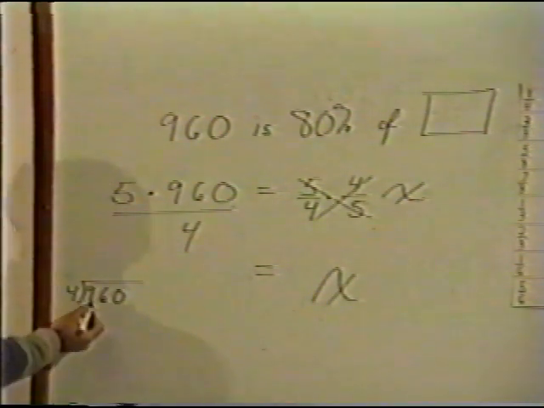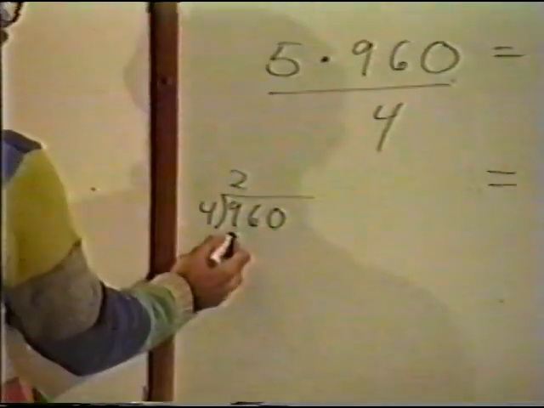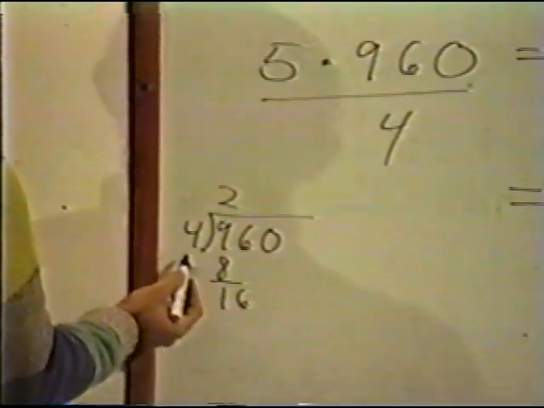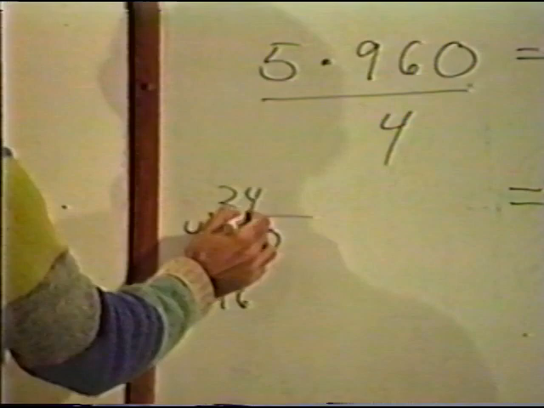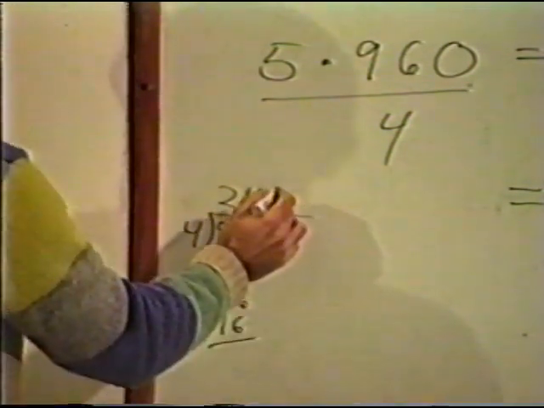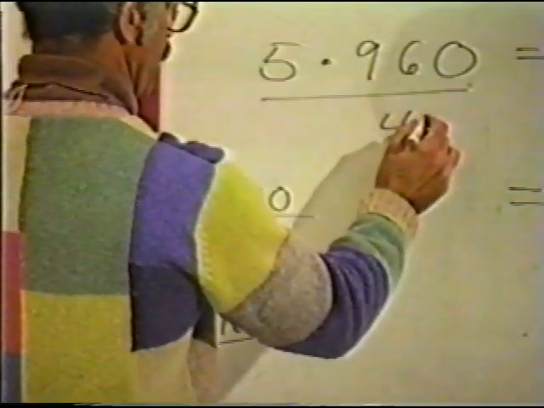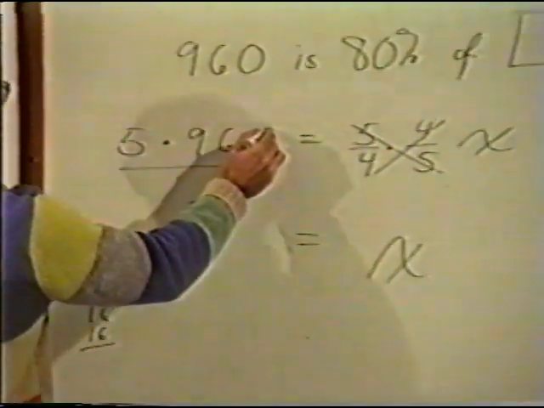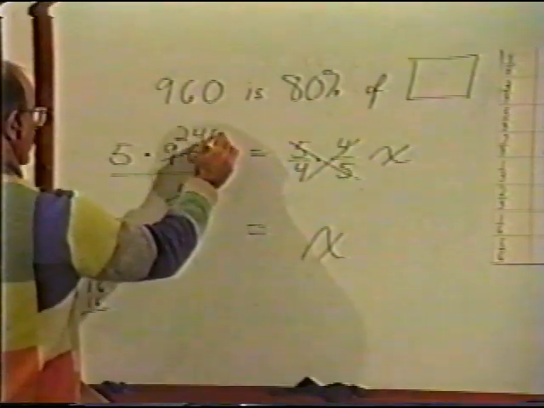4 into 9, 2. 2 times 4, 8. Subtract, get 1. Bring down the 6. 4 into 16, 4. 4 times 4, 16. It comes out even, so we have the 0 there. 240. 4 into 4 is 1. 4 into 960 is 240.